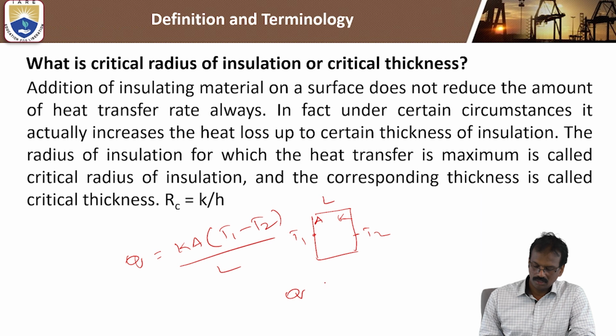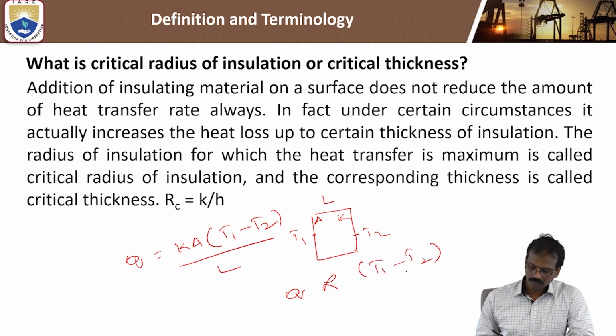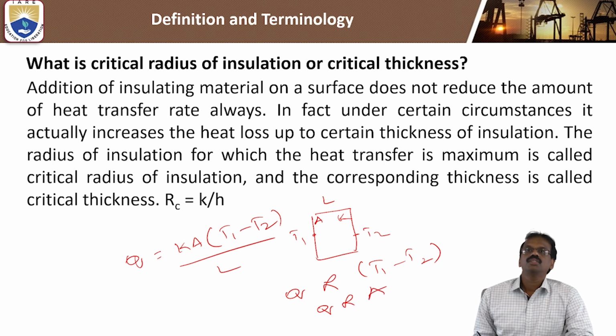Q is directly proportional to the temperature difference, that is very important. Also Q is directly proportional to area, this one is also very important. Q is inversely proportional to thickness.